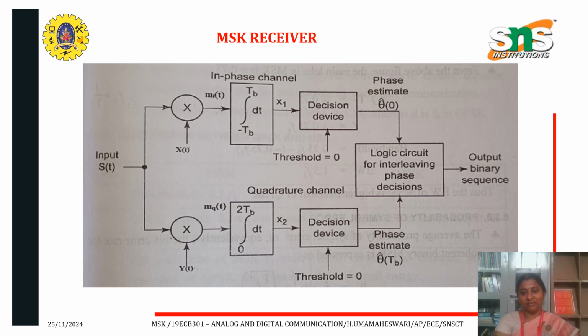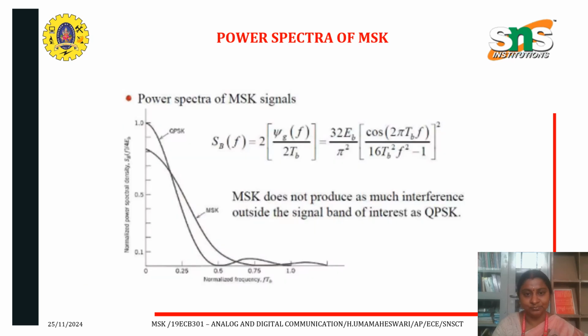Finally, the phase estimates are combined and given to the logic circuit for interleaving the phase decisions, and finally we get the output binary sequence. This is the power spectra of an MSK signal.